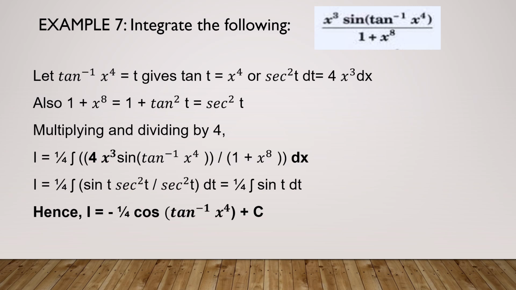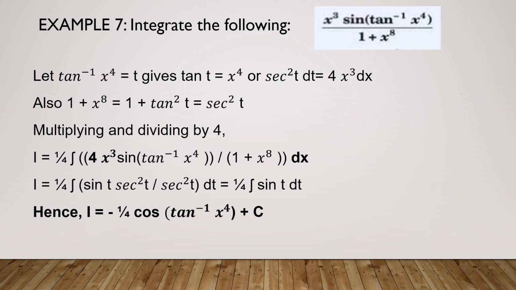Instead of 4x cube dx, you will be writing it as sec square t dt. So it will be sine t into sec square t upon 1 plus x raised to 8, that is also sec square t. It will get cancelled out, so ultimately it is 1 upon 4 integral of sine t dt.